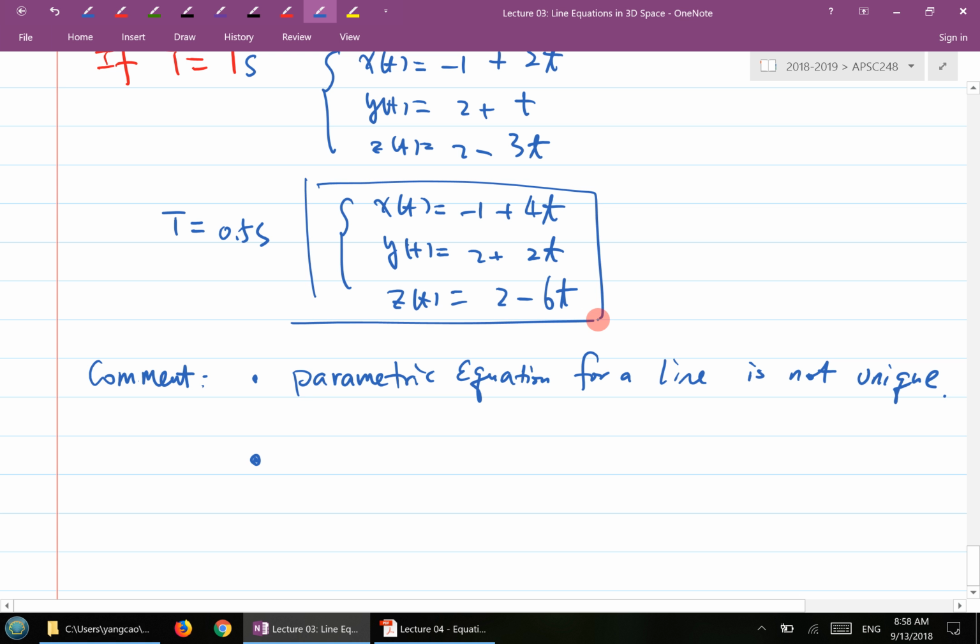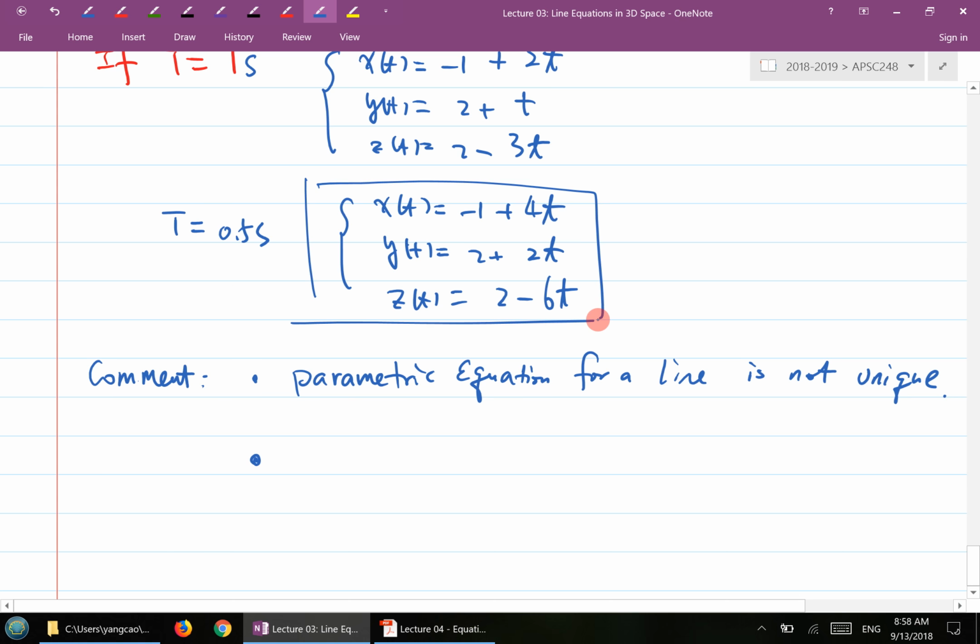It may not necessarily represent a physical motion of a point or something like that. There's always a difference between a pure math equation and using the pure math equation to describe a physical phenomenon.